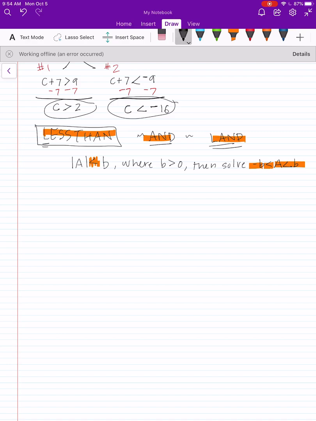So here are kind of the steps. There's just one way. You don't split it up into two because it's not an or. So one, you change the b, this part right here, to a negative. Two, you add another less than sign.